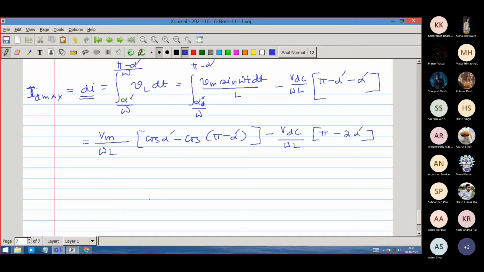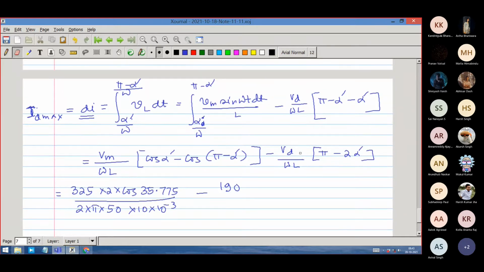So I have put the values: 325 into 2 into cos of 35.775 divided by 2 into pi into 50 into 10 into 10 to the power minus 3, minus 190 V_D, not V_DC, V_D.